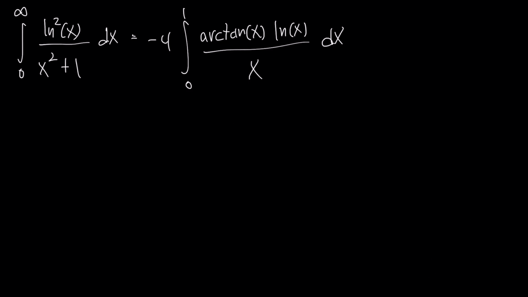So we just got done showing that our integral is negative 4 the integral from 0 to 1 of the arctangent of x times the natural log of x divided by x dx.